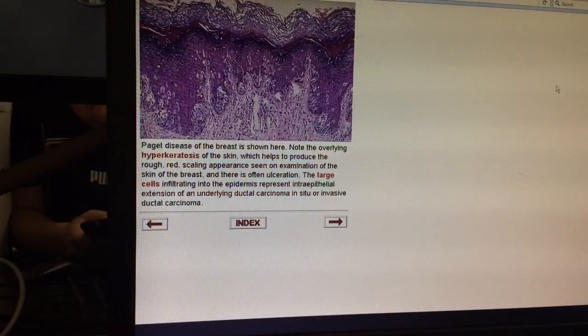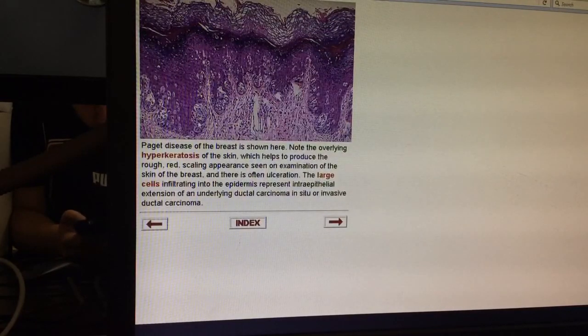Okay, the last slide. Some ductal cells or ductal carcinoma cells show infiltration of the epidermis. So it represents something called Paget disease of the breast. Usually the epidermis is composed of squamous cells arranged as in this slide, but those abnormal, large, hyperchromatic cells which are found in the basal layer of the epidermis represent Paget disease of the breast.